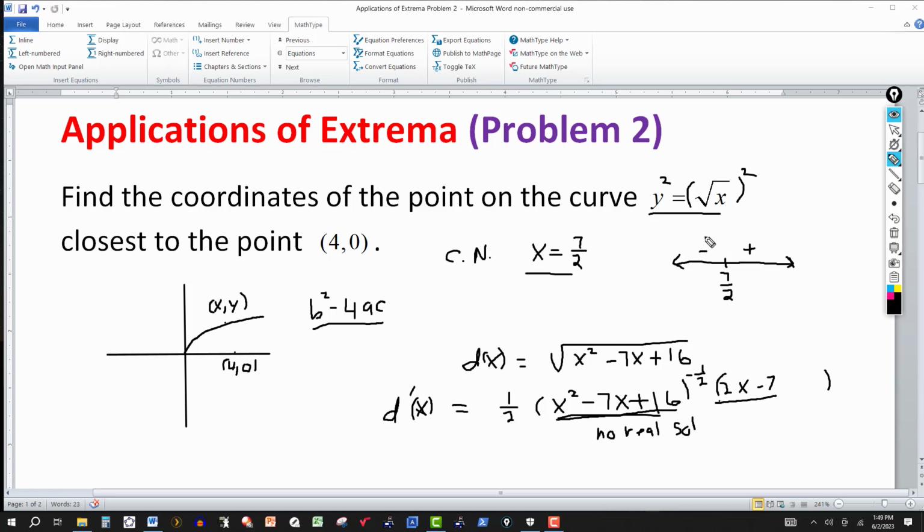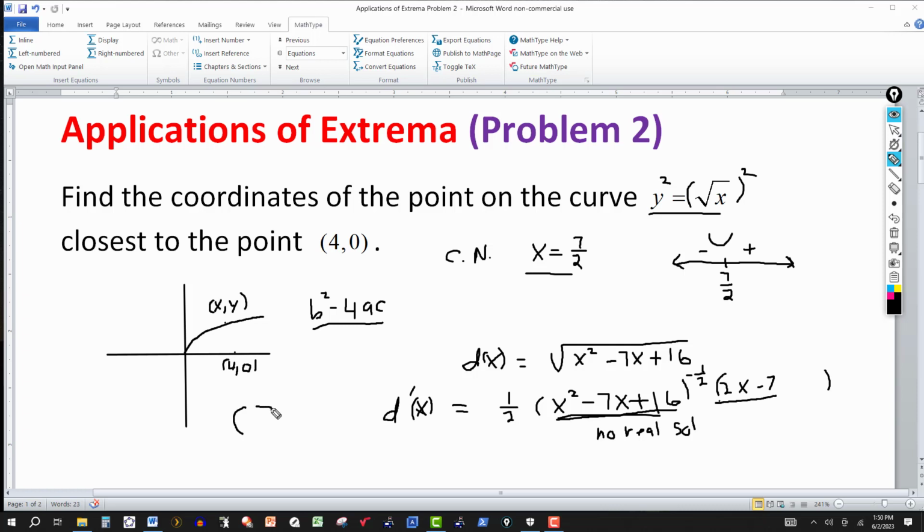So this tells me then that because I have a negative to positive for the derivative, the curve at that particular value is falling, derivative negative, and then it rises. So it has a minimum at 7/2. So the relative minimum in this case is at 7/2, and it's asking for the point closest to (4, 0).